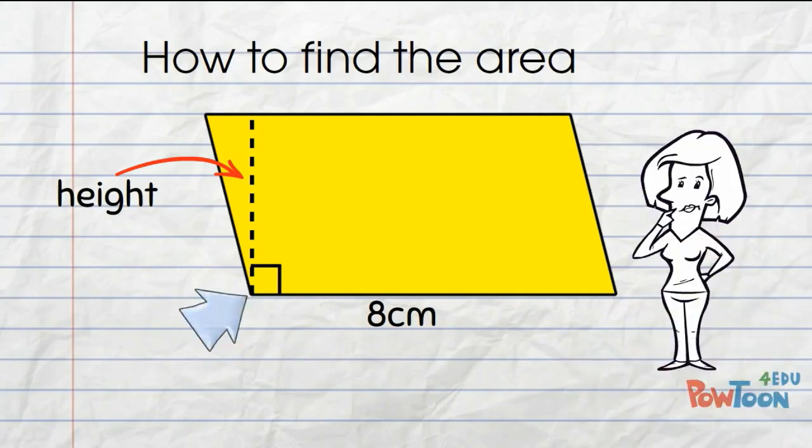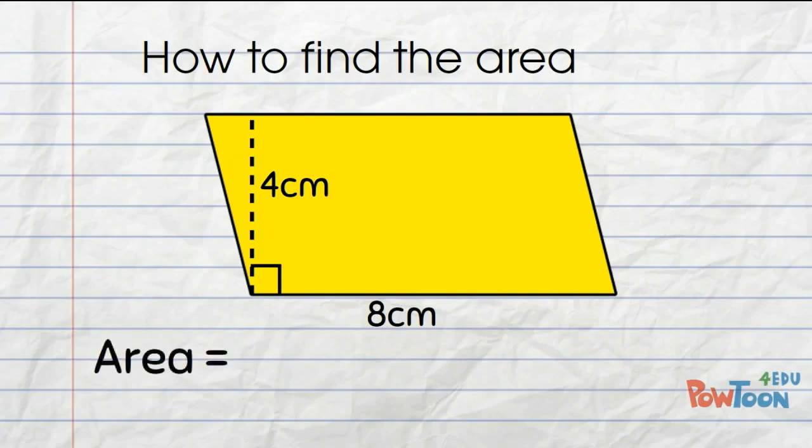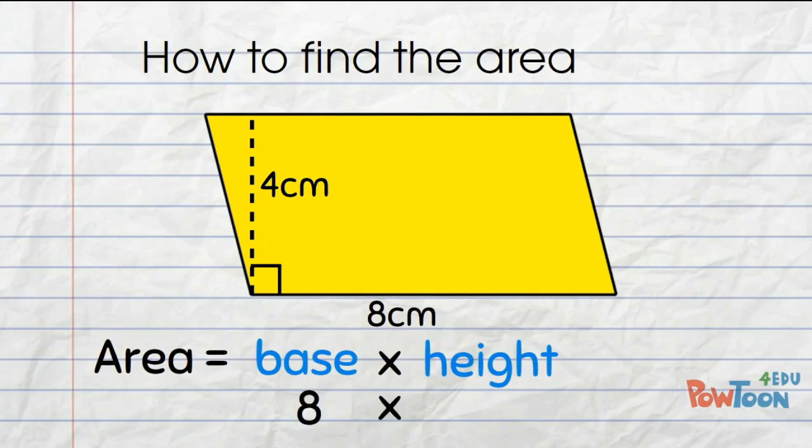That is a key point to remember. So here's our height, it's 4 centimetres. Now we have measurements on two sides that meet at a right angle, so we're ready to go. The area of a parallelogram is base times height. So 8 times 4 is 32 centimetres squared. Never forget units of measurement squared.